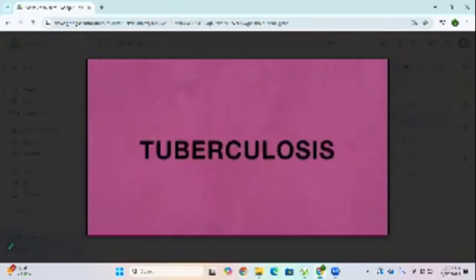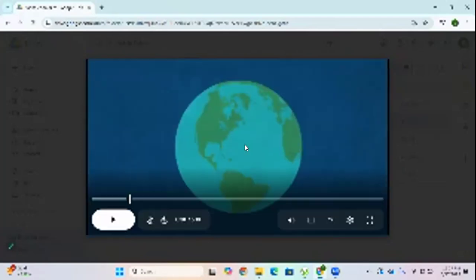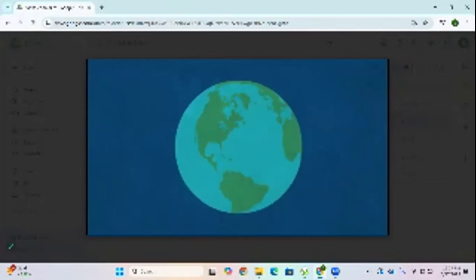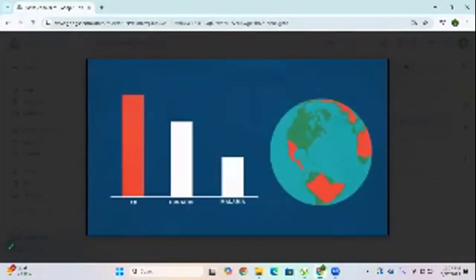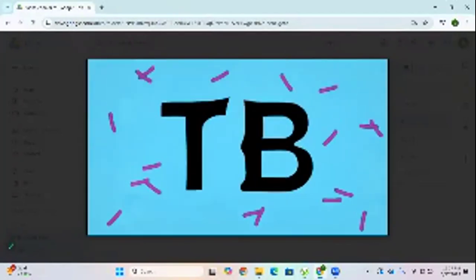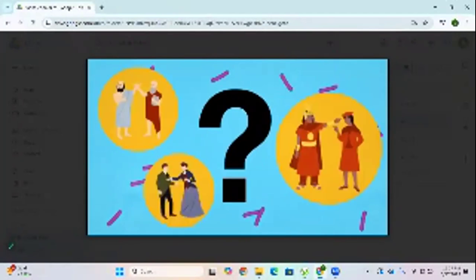Today, tuberculosis, or TB, is still one of the world's biggest infectious killers, causing more deaths than malaria or even HIV and AIDS. But what exactly is this disease, and how has this pathogen persisted for so long?